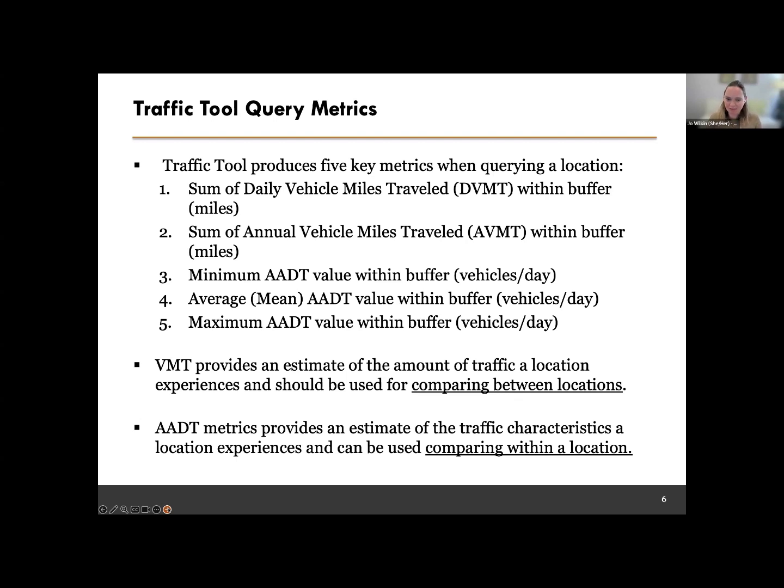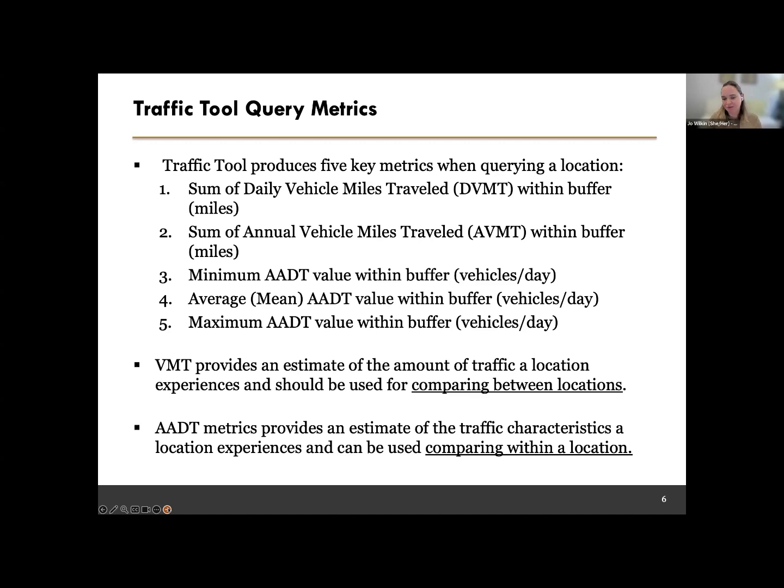And the primary thing I want to point out here is that with the vehicle miles traveled, this is the metric you want to use when you're comparing between locations, because it provides you an estimate of the amount of traffic a location experiences. In comparison, when you're looking at AADT, it's looking at the traffic characteristics a location experiences rather than the volume per se.